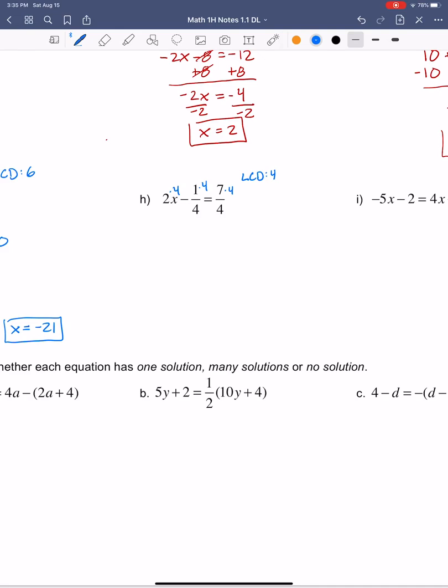So it looks like this. 2x times 4 turns into 8x, minus, this becomes 4 over 4 equals 28 over 4. And now those fractions should reduce. So we're going to end up with 8x minus 1 equals 7. And now I'm going to go ahead and add 1 to the other side. So I get 8x equals 8. Divide both sides by 8. And I get x equals 1.